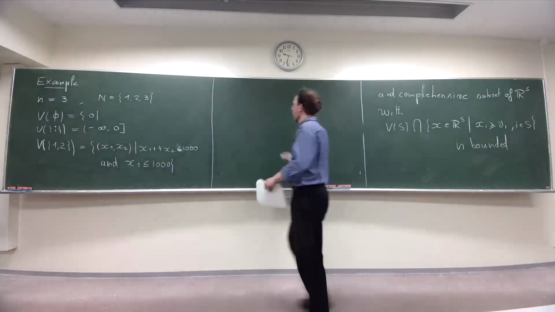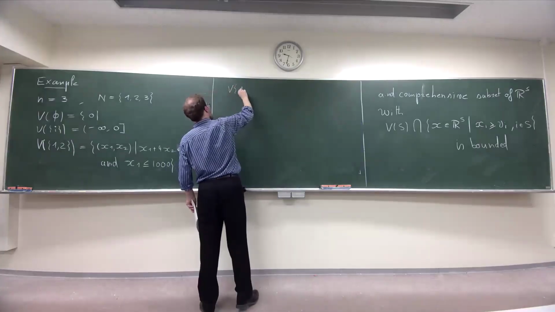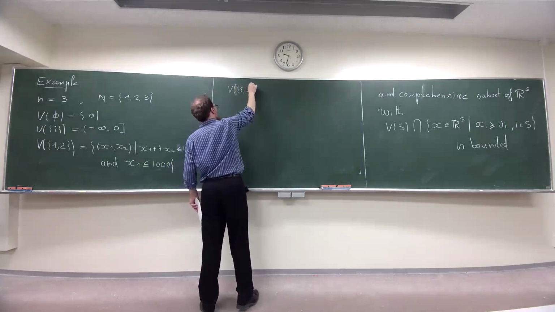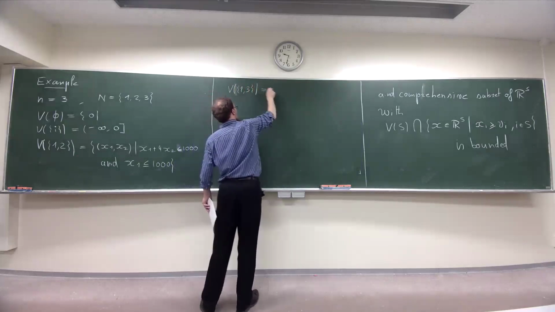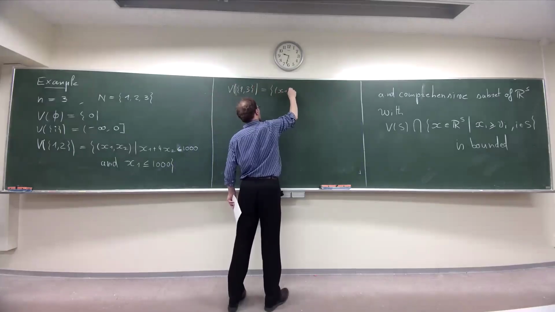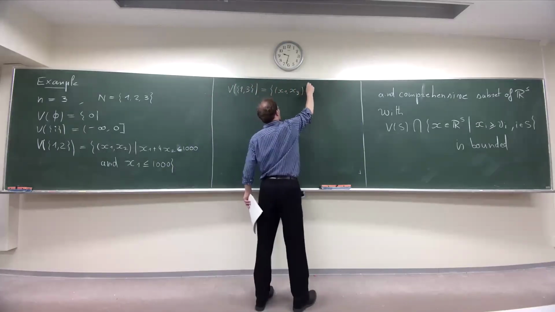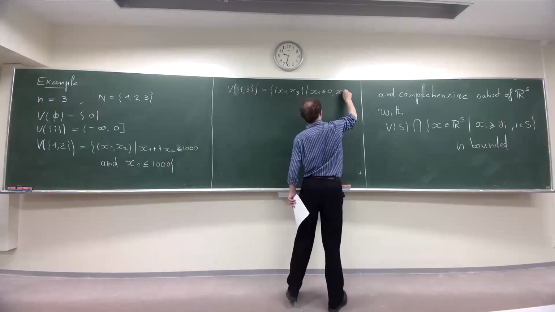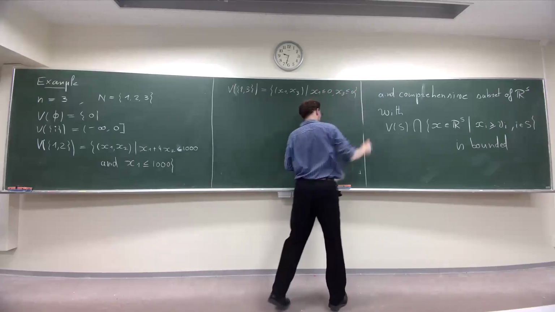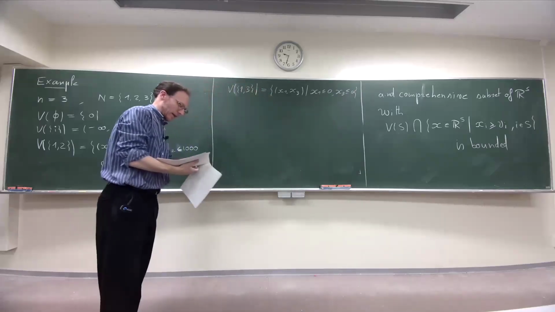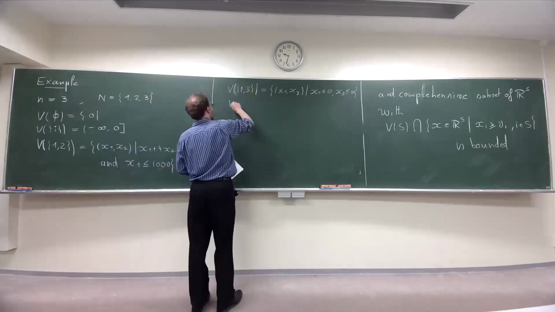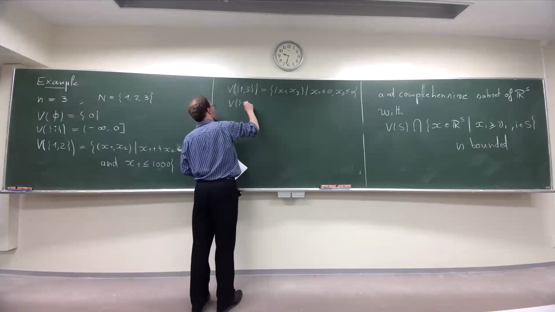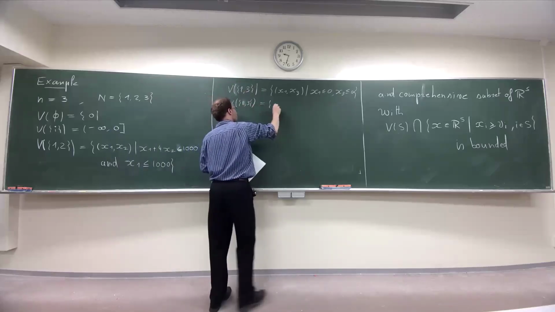I need to define V of {1,3}. This is a set of (x1, x3), so that x1 is smaller or equal to 0, x3 is smaller or equal to 0. Yes, I need to define V of {2,3}. And I do something similar.